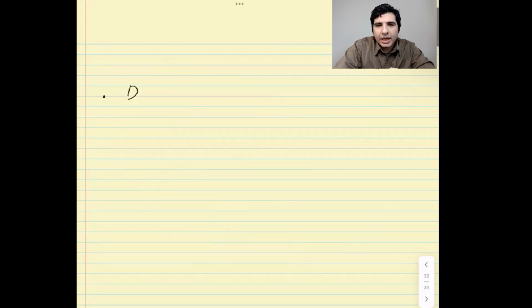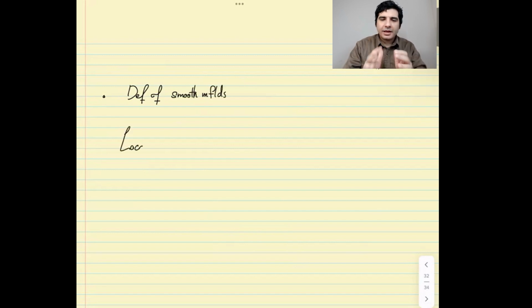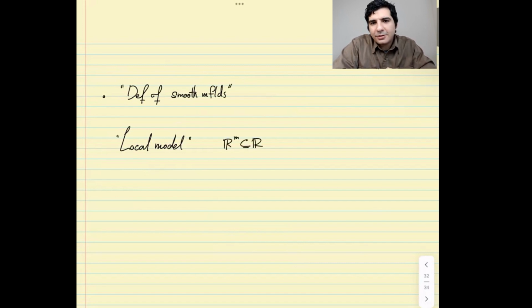So we discussed a few things. We gave a definition of smooth submanifolds using embeddings and immersions. We also gave another definition of submanifolds. We said it should be, at each point, very similar to the local model. These two definitions are essentially the same.